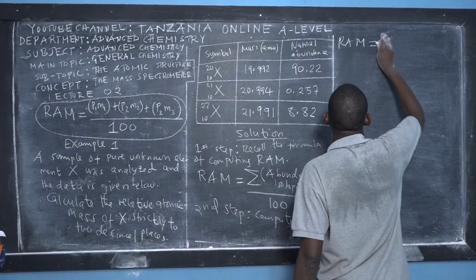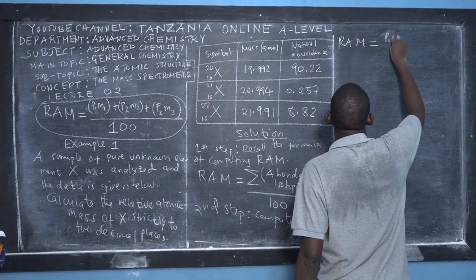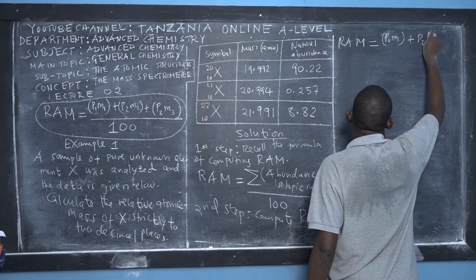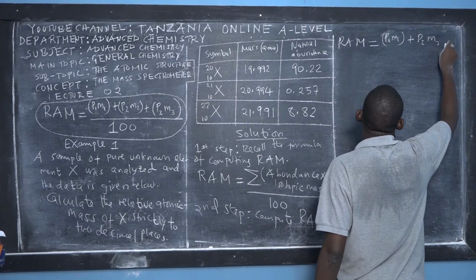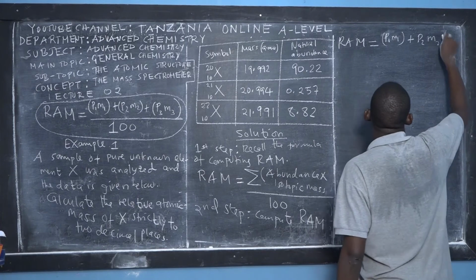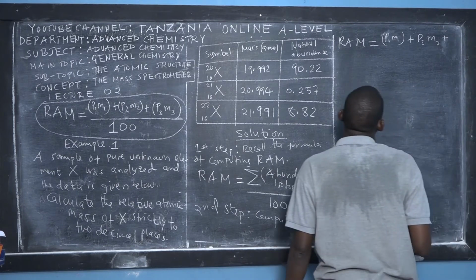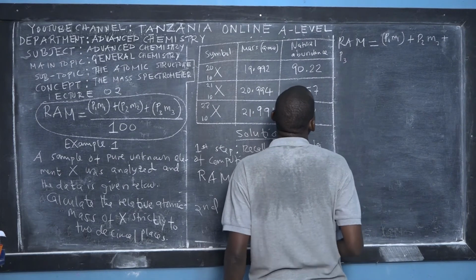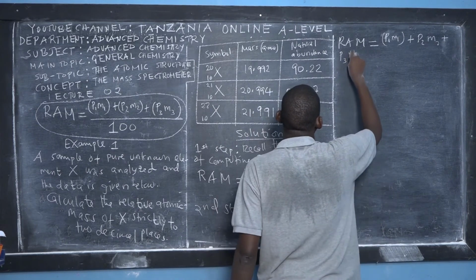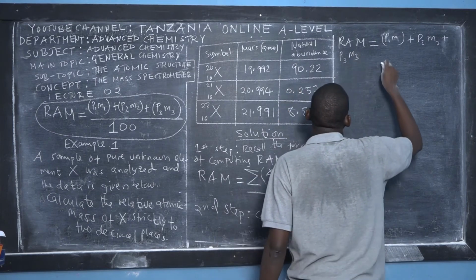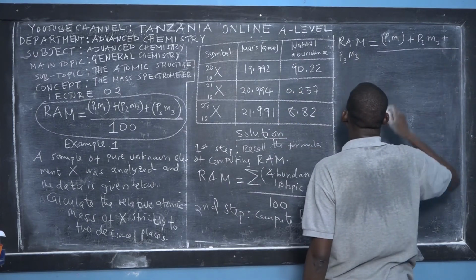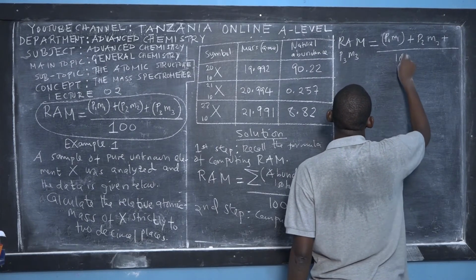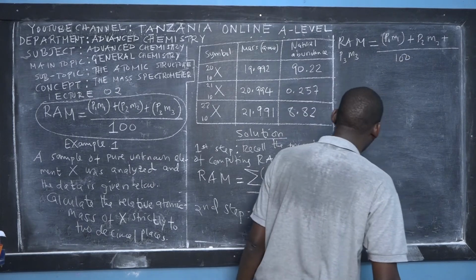So it will be abundance 1 plus abundance 2 and so on. That's how we compute the relative atomic mass.